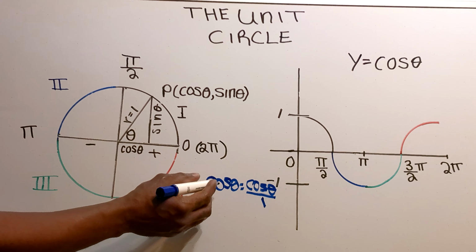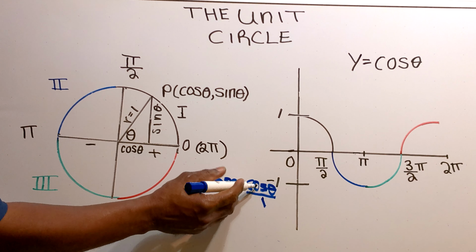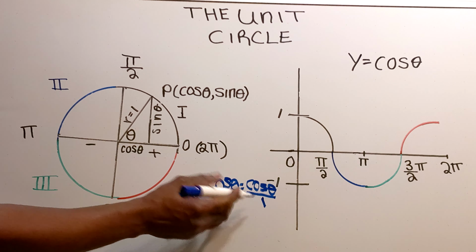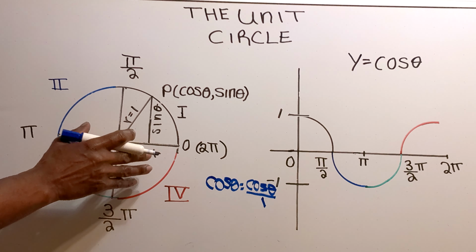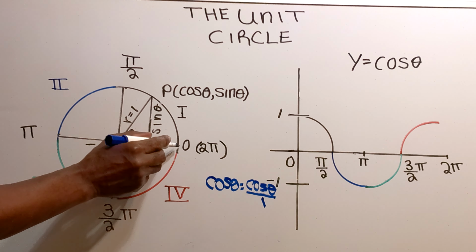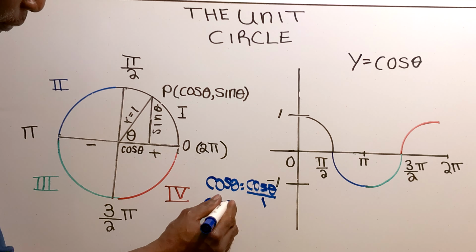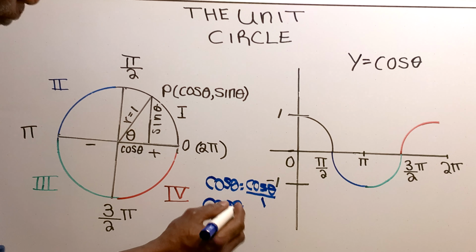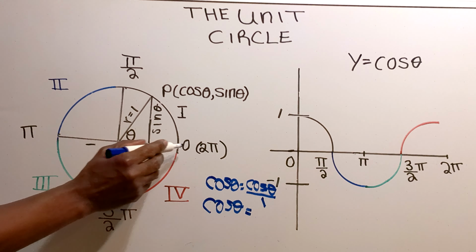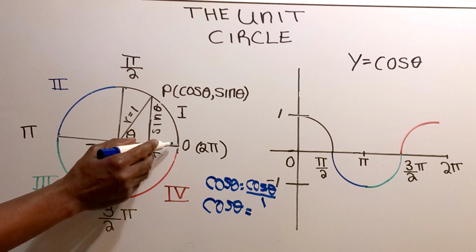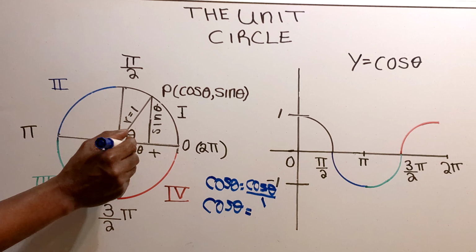Now, the cosine equals the cosine over the length of the hypotenuse. Now remember that you're talking about the unit circle. So when the radian is 0, you've got the cosine theta equals, now this length here is always the cosine.